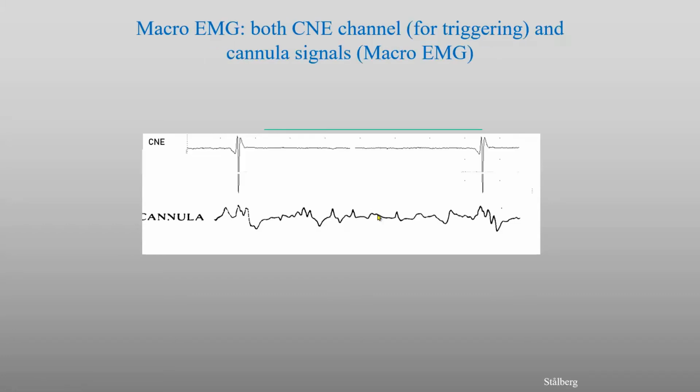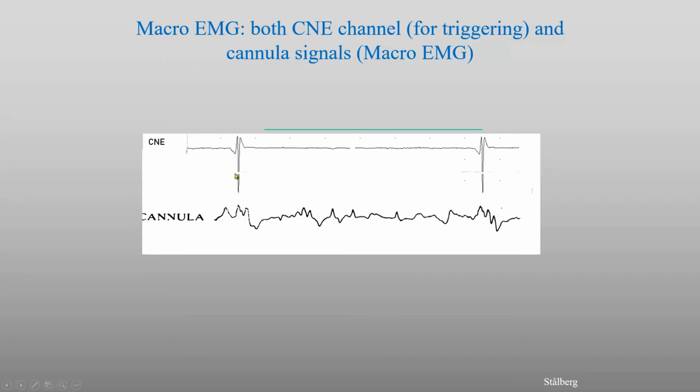If we then in addition record simultaneously a more selective part of the motor unit, for example here the concentric needle electrode motor unit potential that is repeated, then we can imagine that this is the same motor unit as this one, and here is repeated again, but it is superimposed by others, so you cannot see that they are the same.